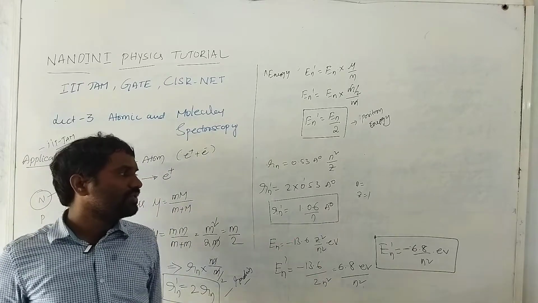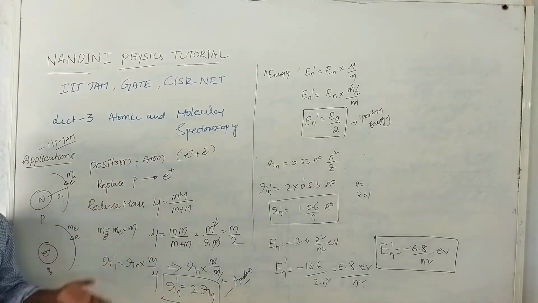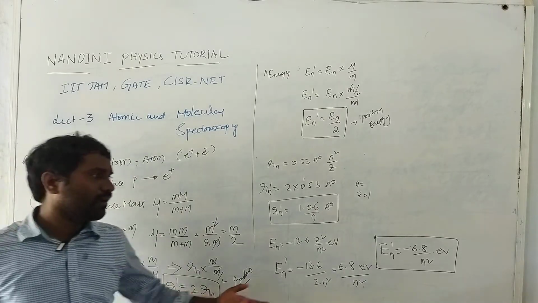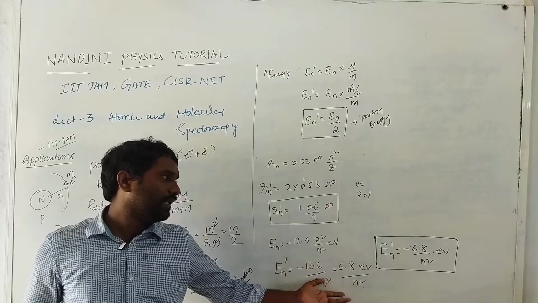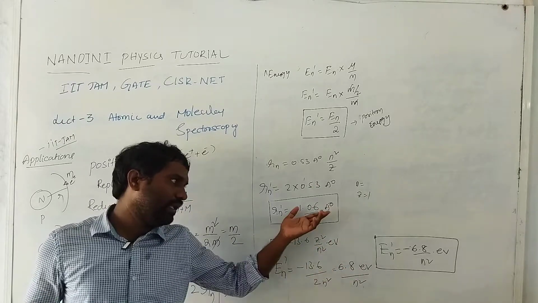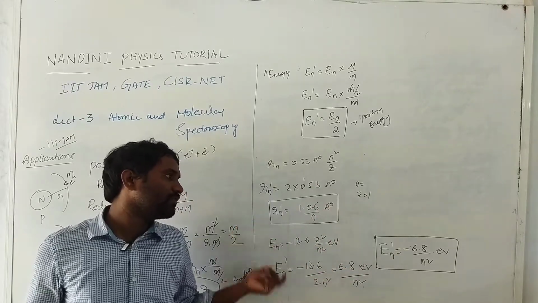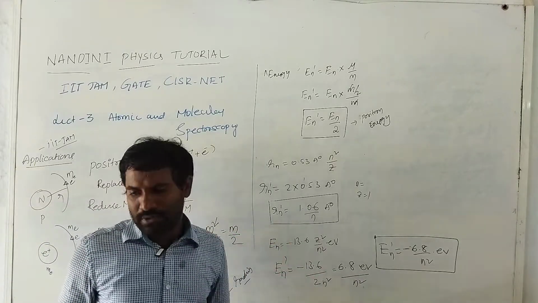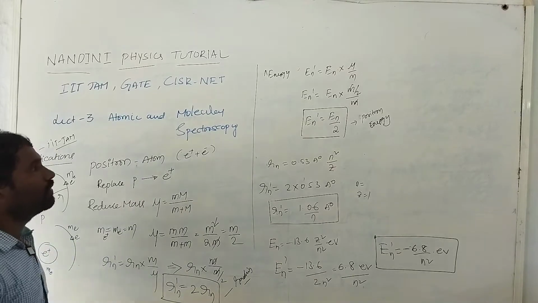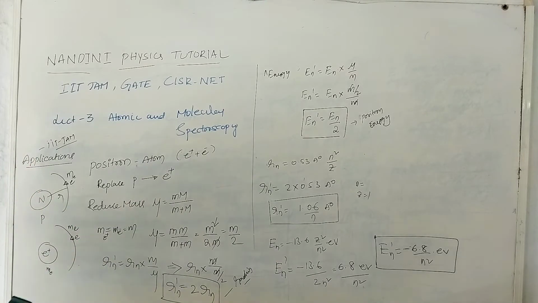Using these two formulas they develop a spectrum. In that spectrum they have different lines. You can take the energy of any spectral line and the radius, and those types of problems come under these formulas. Okay, understand? The next application is the muonic atom.